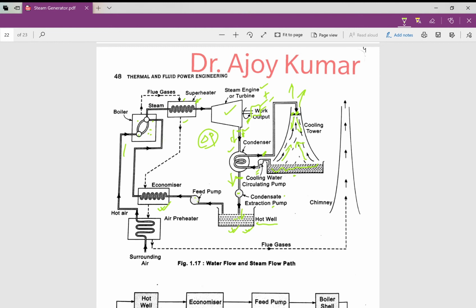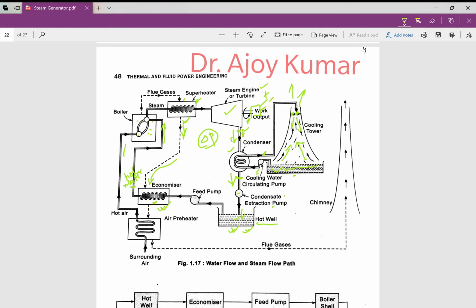And then after losing heat to the superheater, the rest of the heat of the same flue gas is utilized in the economizer, right? So here heat transfer takes place in the economizer, so that at the outlet of the economizer we get hot water, which is supplied to the boiler.